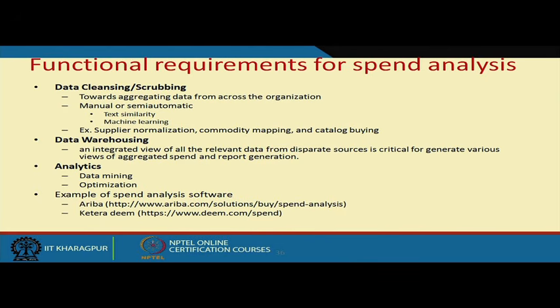For example, Ariba was an e-procurement service provider. Now, Ariba has been acquired by SAP, so Ariba is now a part of SAP. So, people who are using the SAP ERP solution can easily integrate with the Ariba platform. Ariba, Katera, these are some of the vendors who provide solutions for such spend analysis activity in an organization.